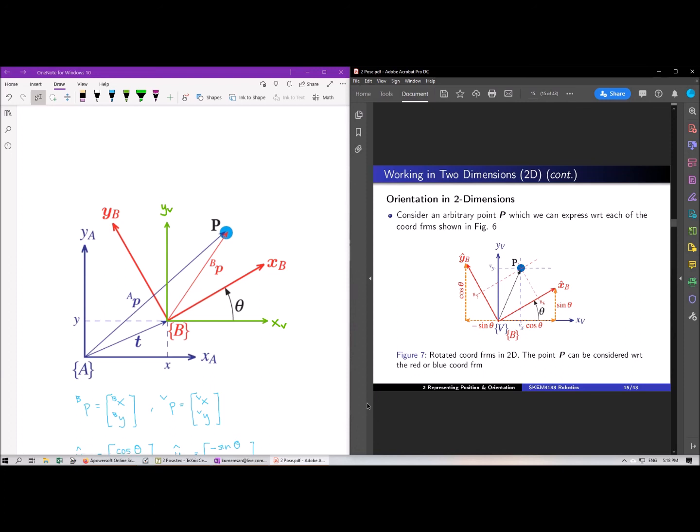Okay, so rotation is just angles, right? It depends on the orientation. We are trying to represent the unit vector with respect to a coordinate frame. So if two frames are parallel, the orientation is the same.